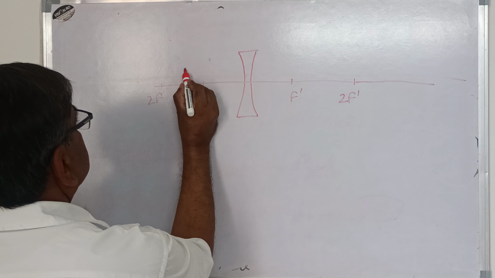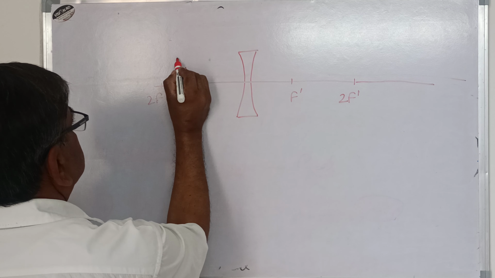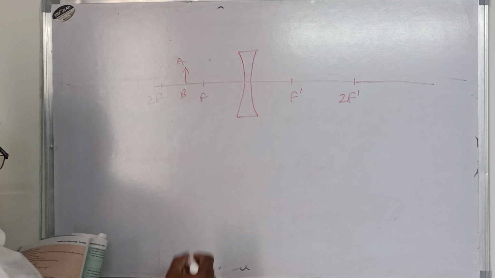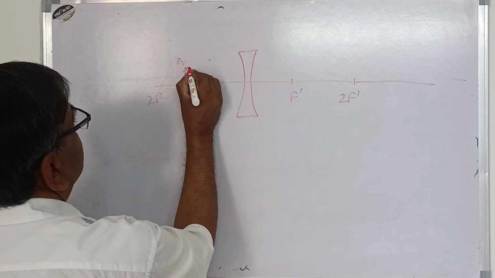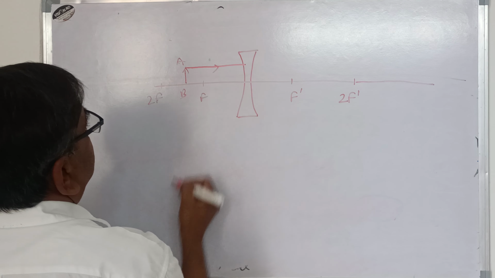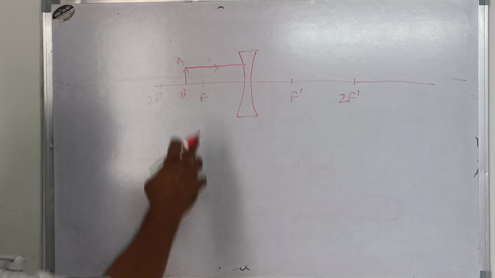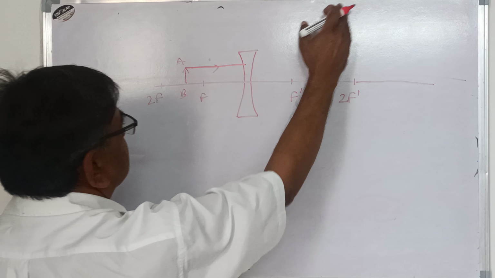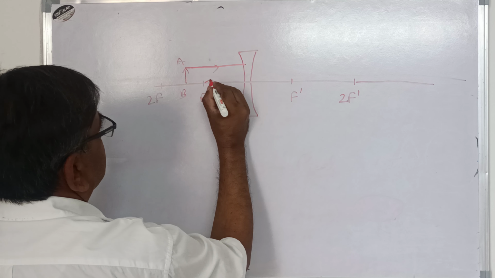Here it is given, it is focused. The object is shown here, A, B, and a ray is given parallel. Naturally, this is the parallel ray. After refraction, this will be diverted in this direction. But at what angle? At this angle.